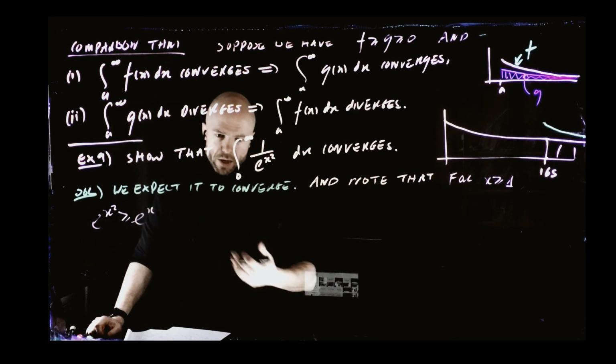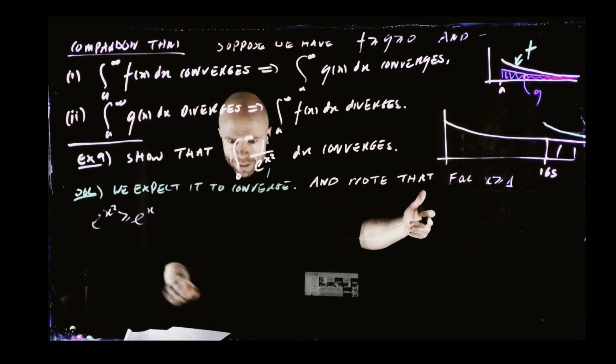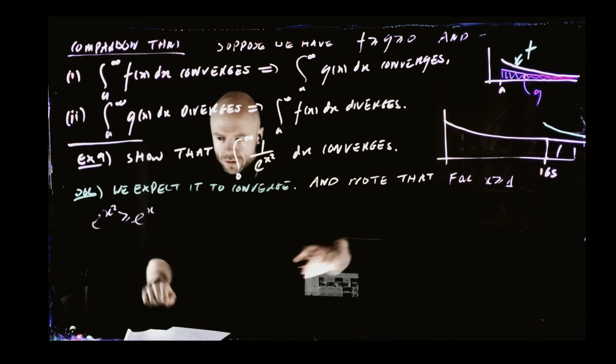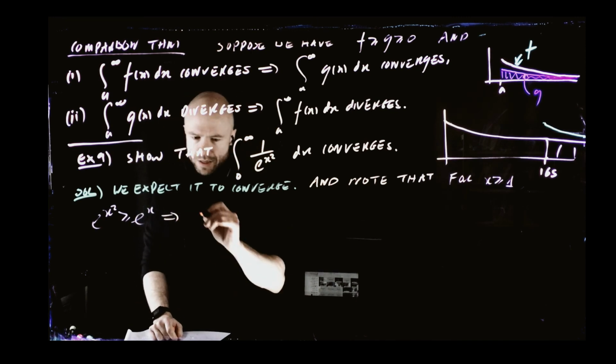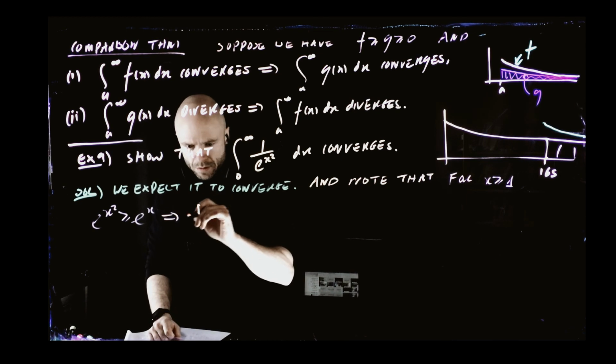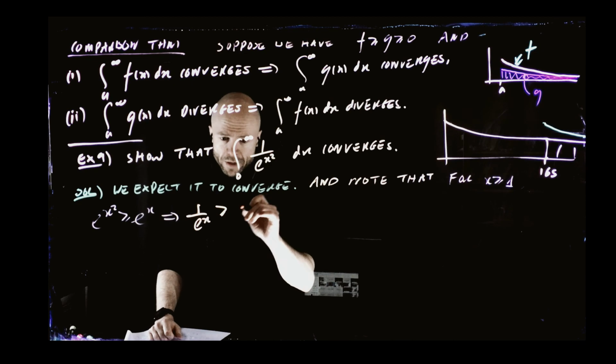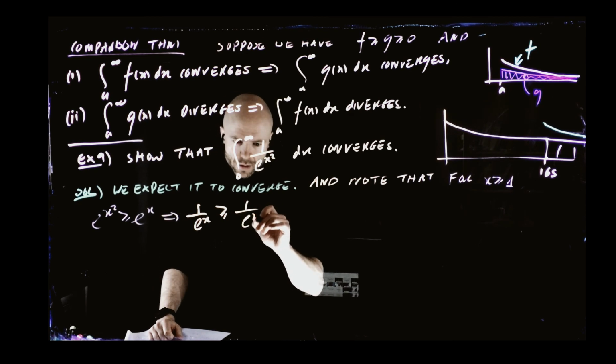Yeah, because x squared is bigger than x for all x bigger than 1. So that's definitely true. So that implies that 1 over e to the x is indeed going to be bigger than 1 over e to the x squared. Yeah?